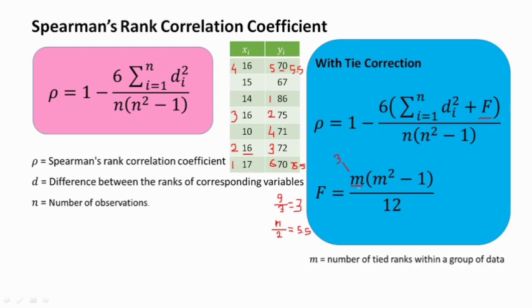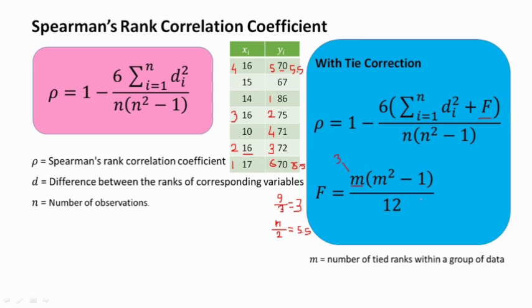This correction factor you have to determine for the values that are repeated in a data set. You have to consider both the data sets for which you are determining Spearman's rank correlation coefficient. In the first data set, one value is repeated 3 times, so that's why we have taken this.